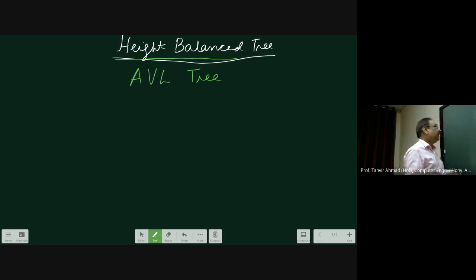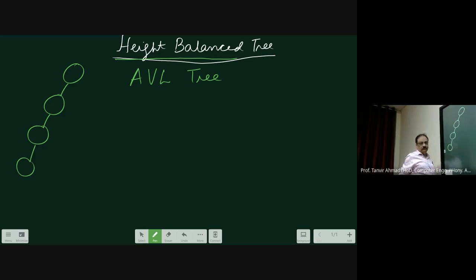Now, suppose I have a tree like this. Suppose some number for t. Obviously, the time to search will be order of n. If it goes like this, the time complexity will be order of n.